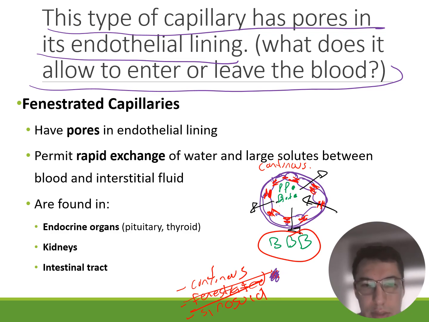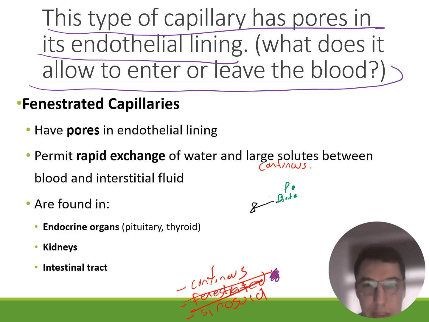In regular continuous capillaries, remember that we don't have all of those complete junctions. Sorry, let me just erase this. But we have the tight junction, and in between we still have a cleft. Those clefts here allow for passage of specific molecules, also through diffusion.